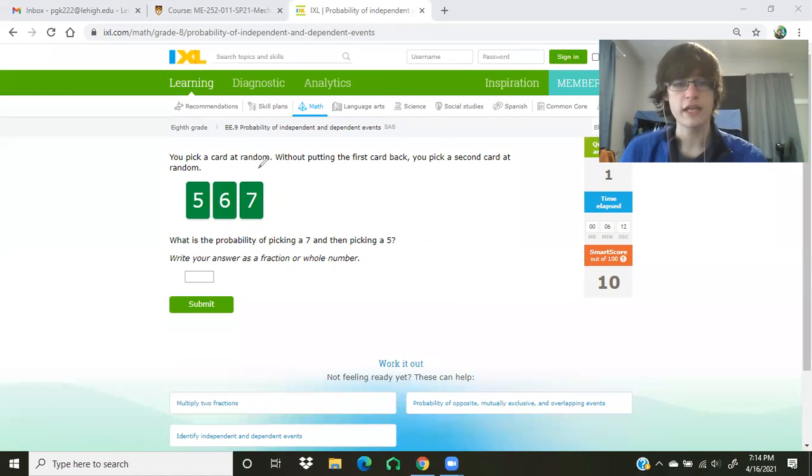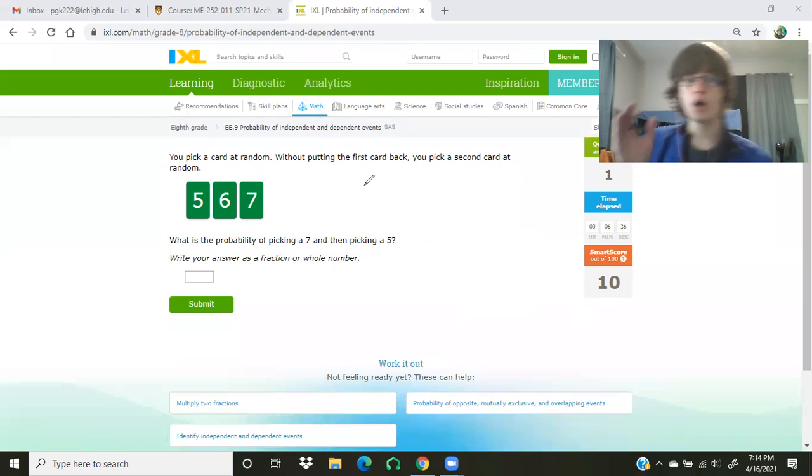Okay. So you pick a card at random. Without putting the first card back, you pick a second card at random. What is the probability of picking a 7 and then picking a 5? Well, hopefully you can tell that this is in fact dependent events because you don't put the first card back.